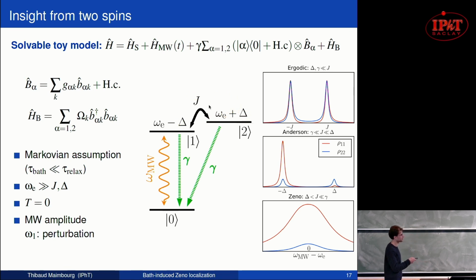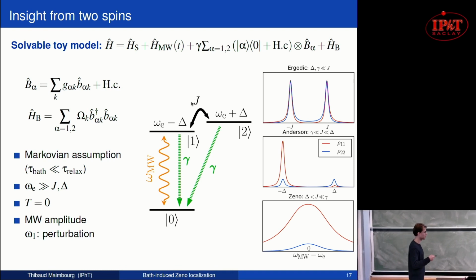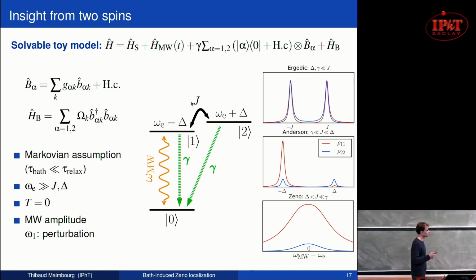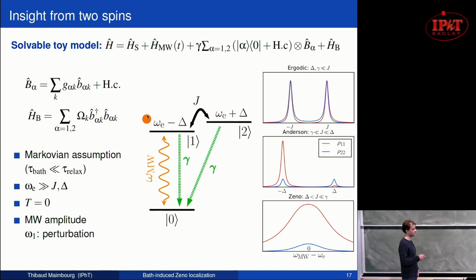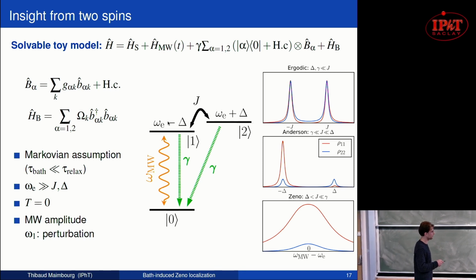Sorry, this is called J here, but it was U before. You put the microwaves only on the first spin, so the microwaves want to balance the population between the ground state and state 1. And it's connected to a bath that, for simplicity, you take at 0 temperature, so the bath just wants to dump the population down to the ground state.